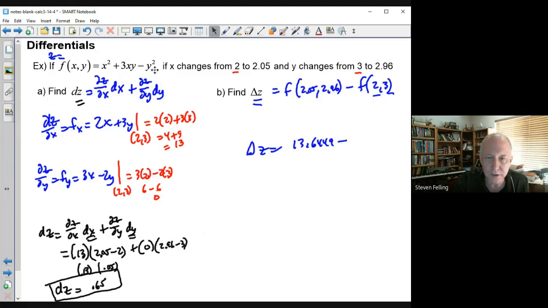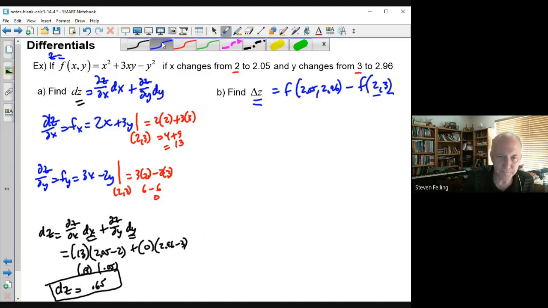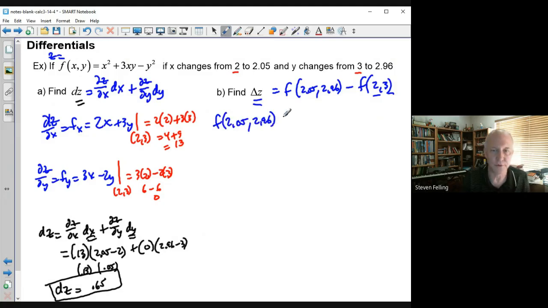I'm going to have to do this again. Let me just do this more carefully. f at 2.05 for x and 2.96 for y would be 2.05 squared plus 3 times 2.05 times the y, which is 2.96, minus the y, which is 2.96 squared.